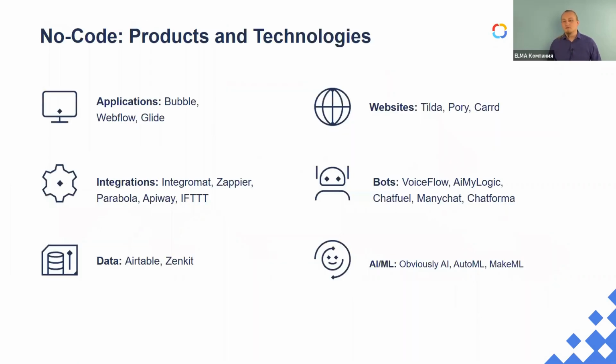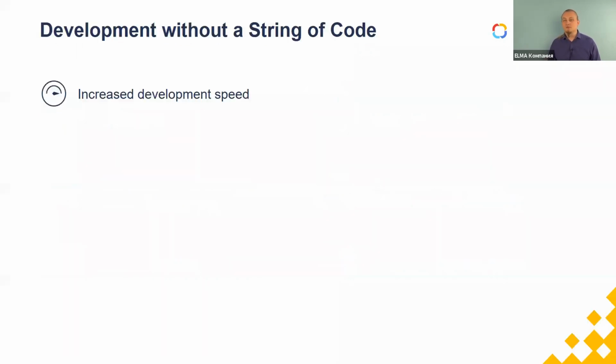So in fact, there is a huge number of different no-code applications for different purposes. You could build applications, you could build integrations, you could work with data with amazing tools like Airtable, etc. You could build websites, you could even create more complicated solutions like bots and work with artificial intelligence and even develop some machine learning products without coding.